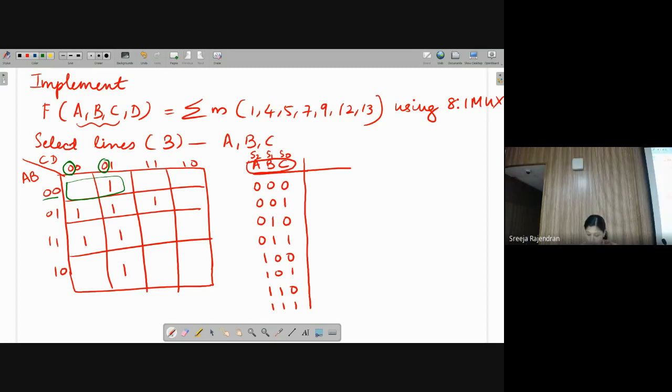One of the cubes is empty, so it has a value only in this one. ABC has gone as select lines, so my circuit is now a function of only D. What is the value of D in this cube? D is 1. So D will be the input on that line.